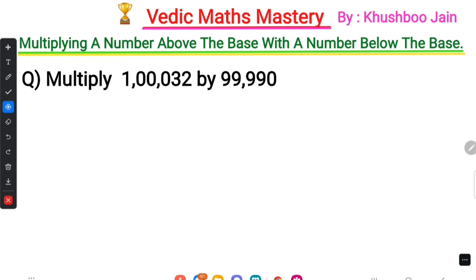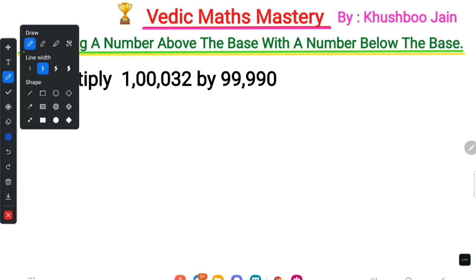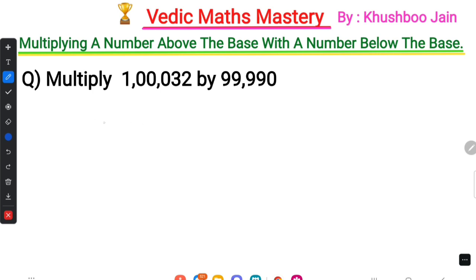So friends, this is the next question. As you can see here, this is a lengthy question with higher digits. So how can we solve the higher digits as well? See, I'll find the answer to this question in a very easy manner, within 5 seconds. As I'm teaching you, it takes some time, otherwise you can easily get the answer within 5 seconds.